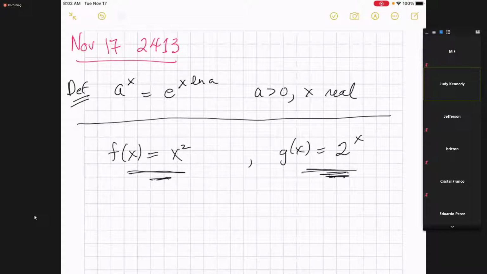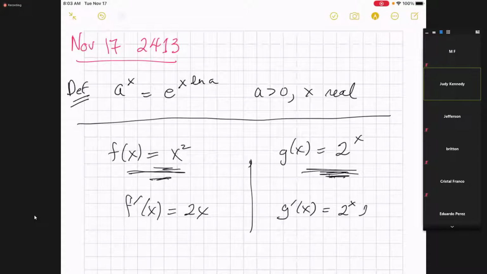But why are the derivatives of these functions so different? For x squared, f prime of x is 2x, and yesterday we said that g prime of x is 2 to the x times this number ln of 2, which is a constant.